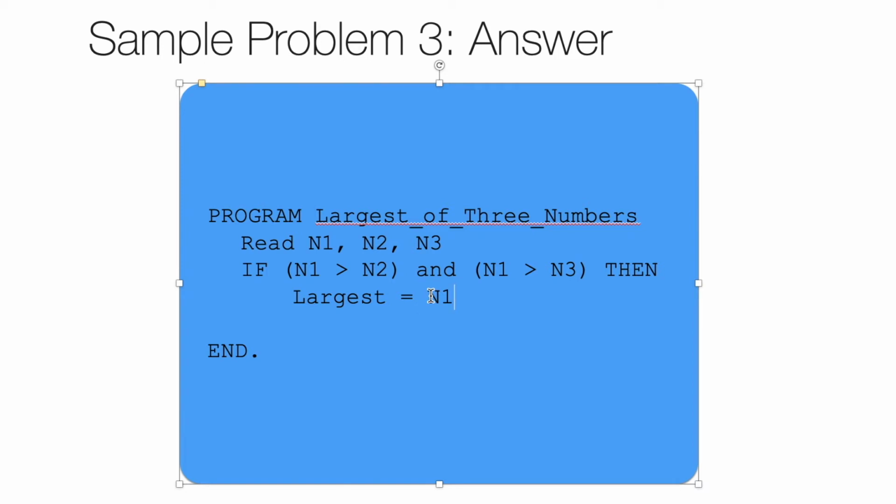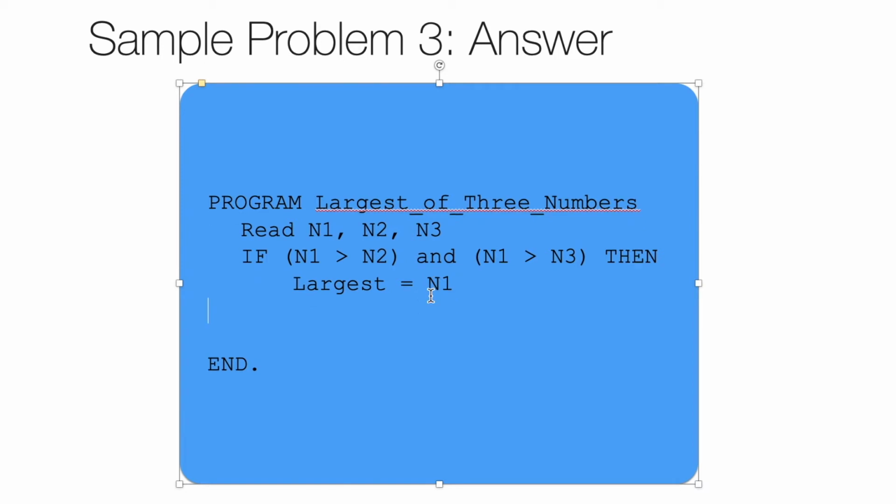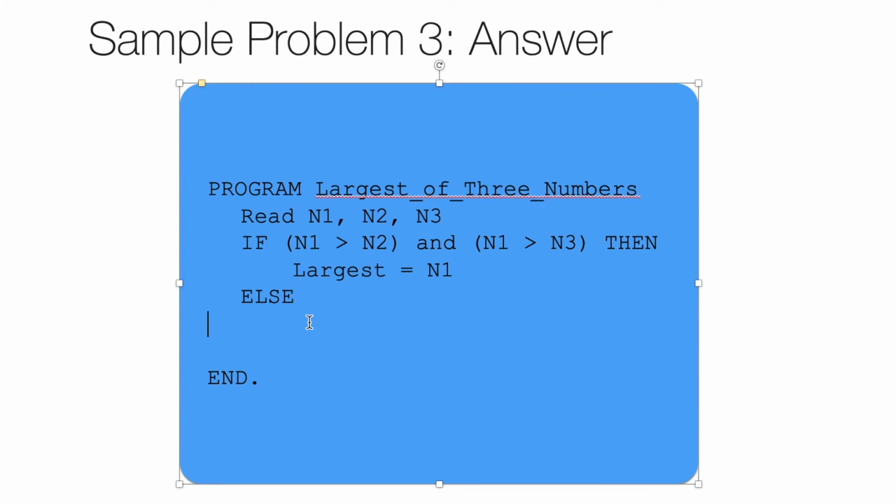Alright, so now we have done one comparison. If that condition is not satisfied, then what are we going to do? Then else, that means this condition becomes false. Otherwise, we are checking if n2 is greater than n3.